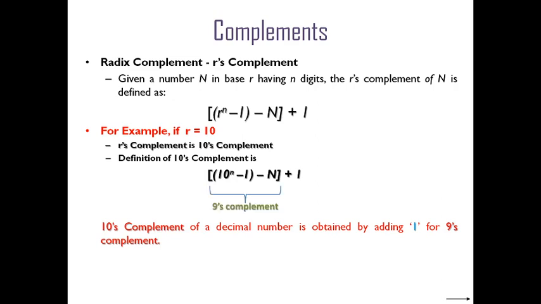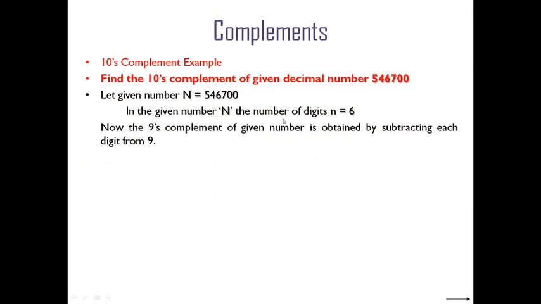Okay. Now we will take the examples. Now if we go for the examples, this portion is a nines complement. We are adding the 1. That means tens complement is equal to nines complement plus 1. And let us consider the same previous example 546700, and first we will evaluate the nines complement by using the same procedure.